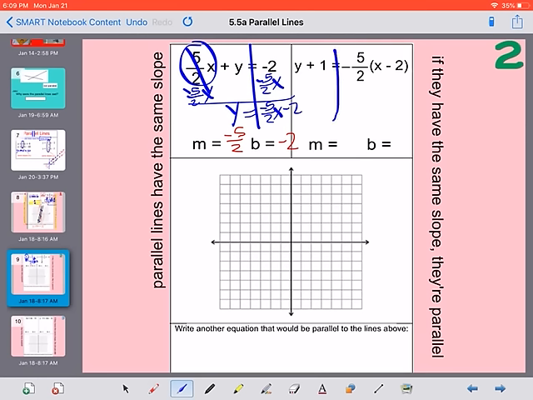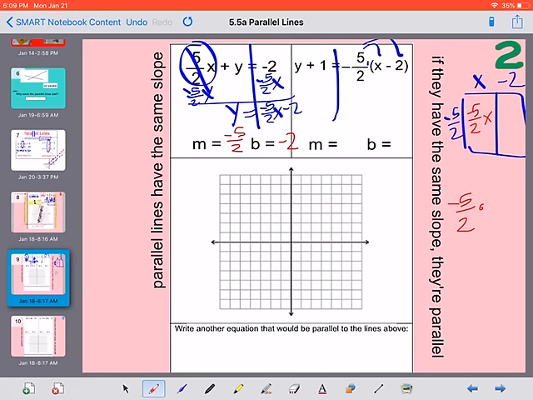Our second equation, we need to distribute or multiply negative 5 over 2 times x and times negative 2. If you want to draw a box on the side to help you multiply negative 5 over 2 times x and negative 2, you can do that to help you. So negative 5 over 2 times x, just put them together, negative 5 over 2x.